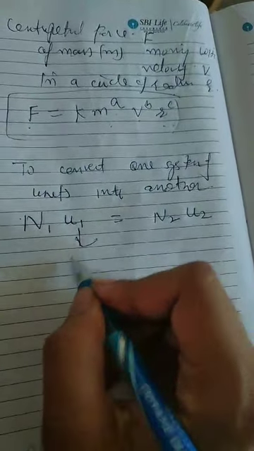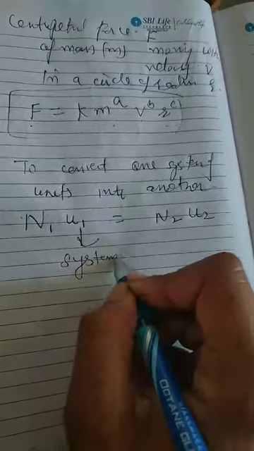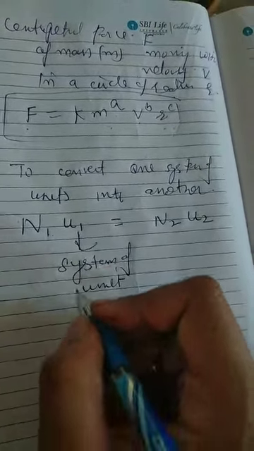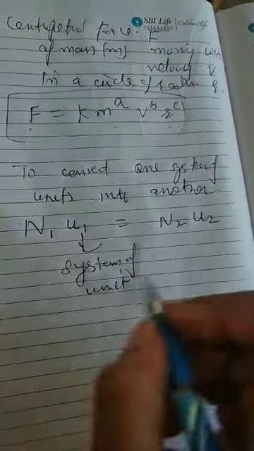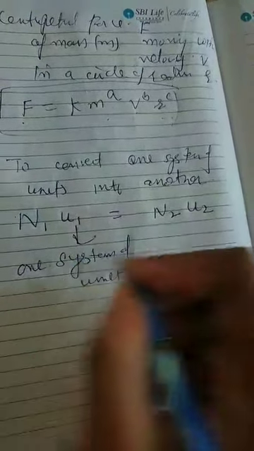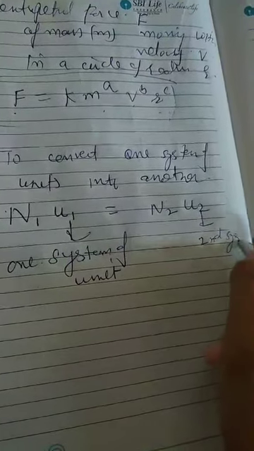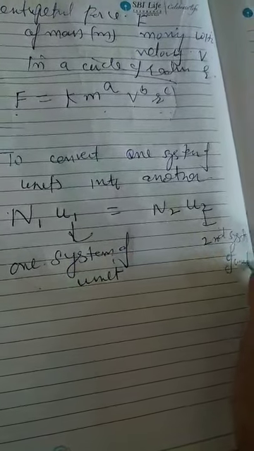Let U1 be one system of unit, and U2 a second system of unit. Clear? We have to convert.